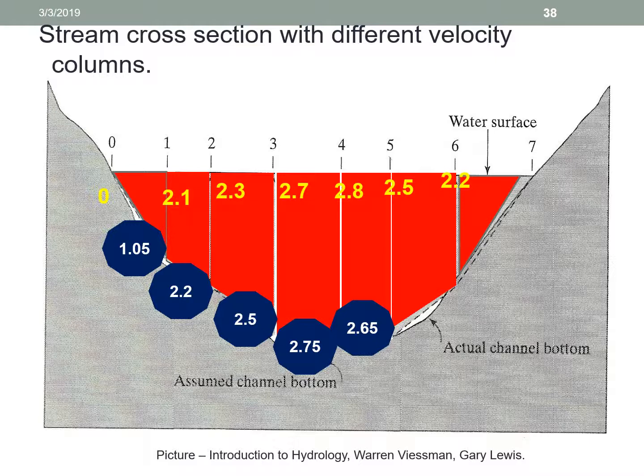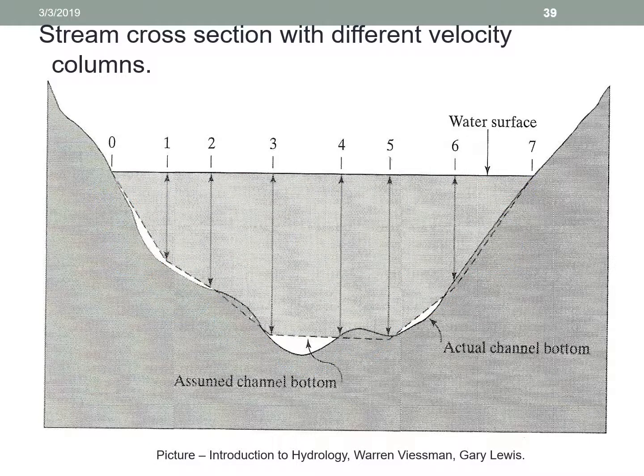So for section 6, 2.2 plus 2.5 divided by 2, the average is 2.35. That is the average velocity for section 6. The last one will be 1.1: 2.2 plus 0 divided by 2 will be 1.1. So we have all of the average velocities.